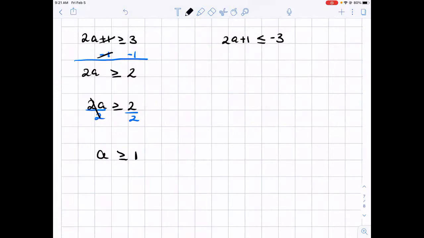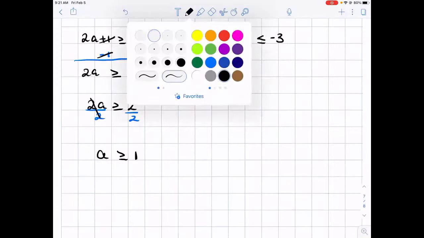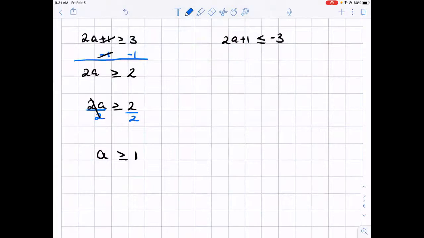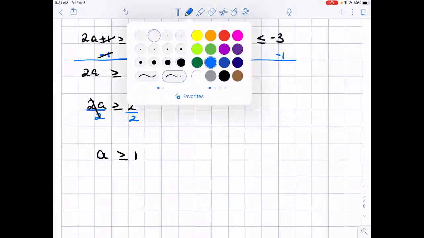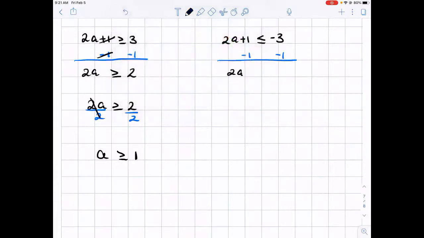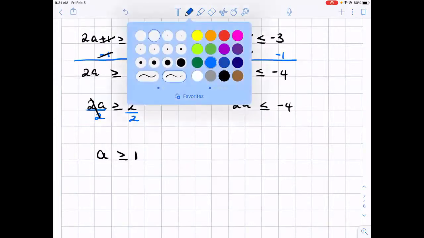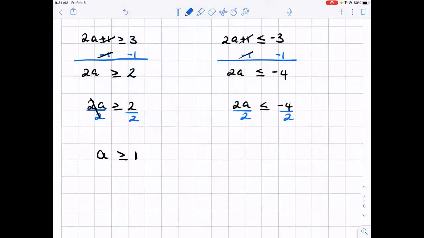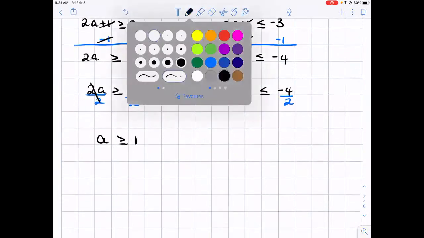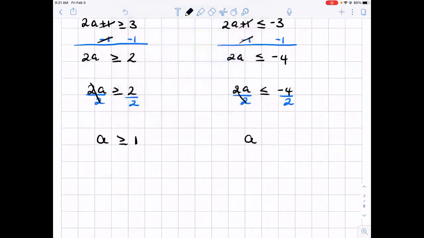If we look at my other part here, and I subtract 1 on both sides, this becomes 2a plus 1 and minus 1 cancel, less than or equal to negative 4. 2a is less than or equal to negative 4. If I divide both sides by 2, then we have a is less than or equal to negative 2.